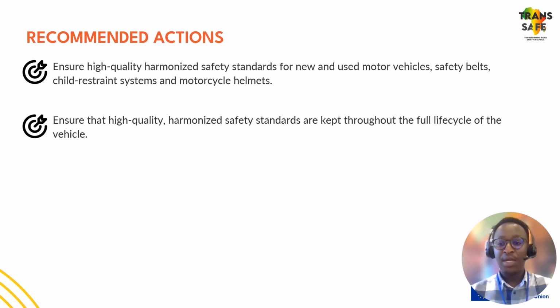Ensure that high quality, harmonized safety standards are kept throughout the full life cycle of the vehicle. This can be achieved through, for example, mandatory certification and registration systems for new and used vehicles based on established safety requirements and combined with routine inspections.